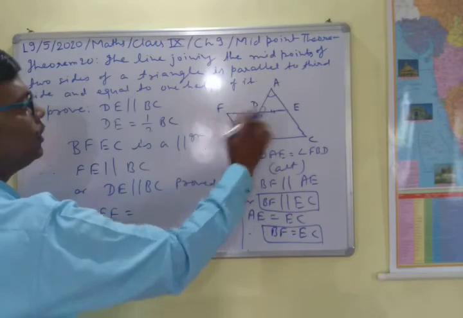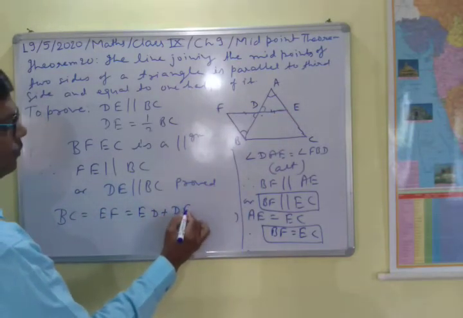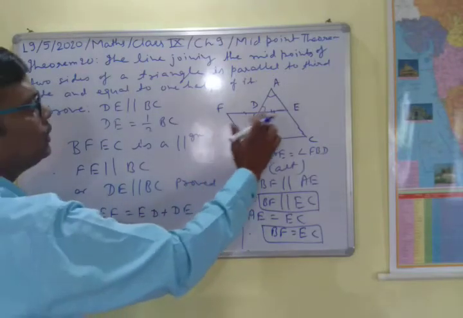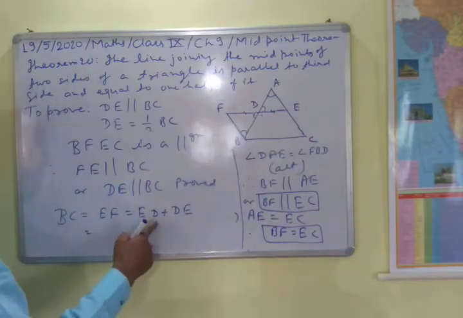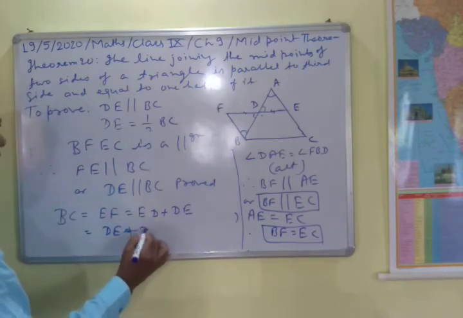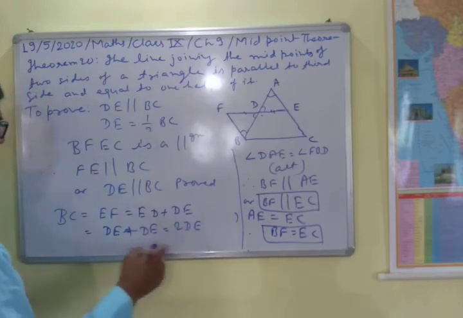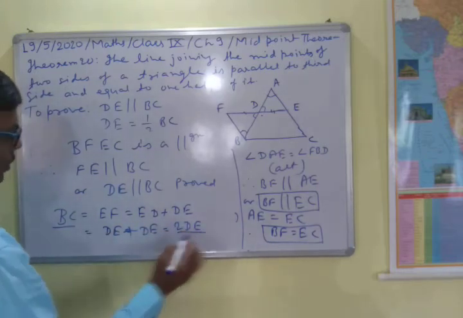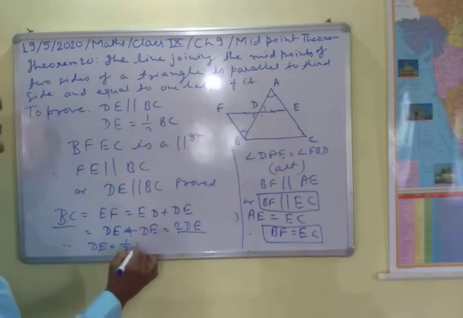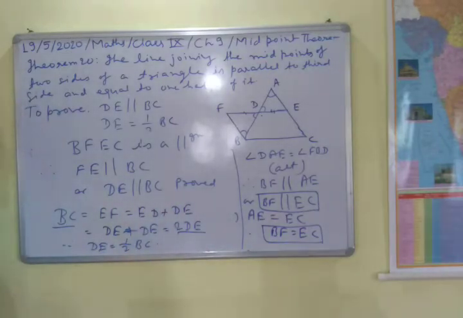EF equal to ED plus DE, and because ED and DE are equal, we can replace ED by DE also here. So EF equal to DE plus DE equal to 2DE. Okay, so now see that BC equal to 2DE here, and therefore we will write that DE equal to half of BC. So in this way we can prove this theorem.